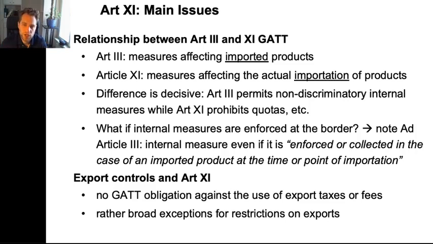The negotiators of the GATT, more precisely, and also in the decades that followed, made it clear that an internal measure is an internal measure, even if it is, and I quote, enforced or collected in the case of an imported product at the time or point of importation, end quote. So we can see here that the geographical location where a measure is taken is not relevant. What is relevant here is what type of measure is being implemented.